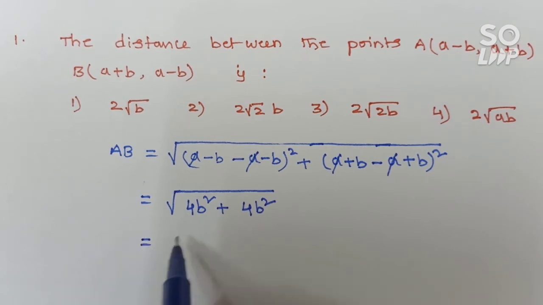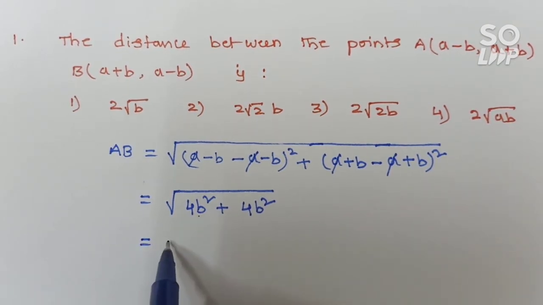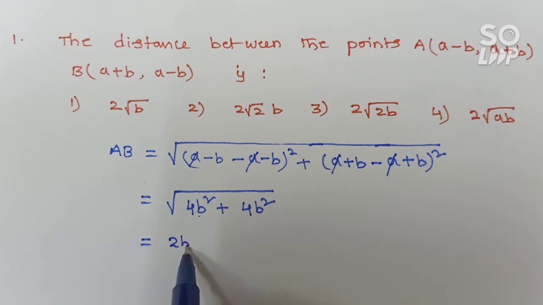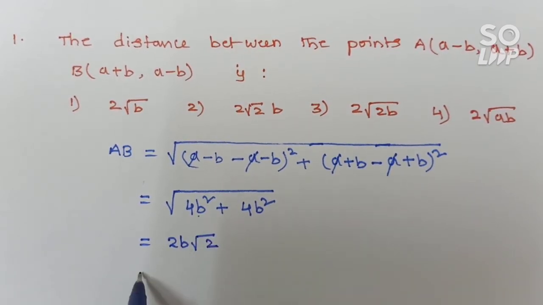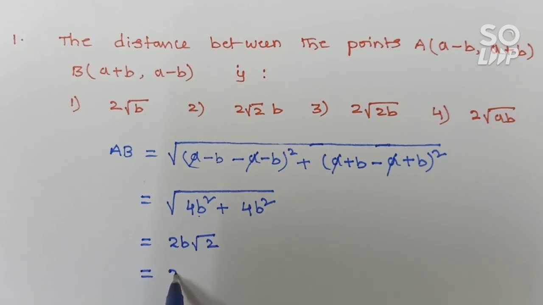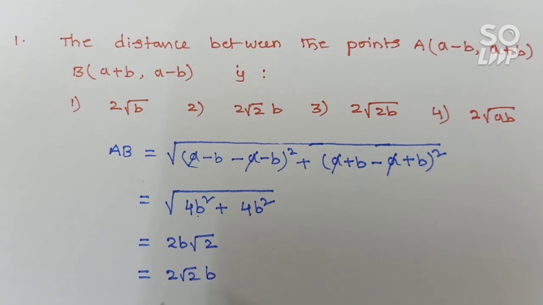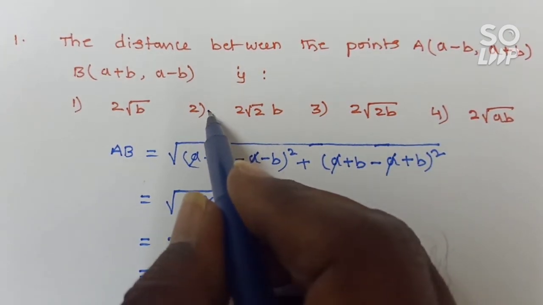Now take 4b square common, that becomes 2 into b, and this one is root 2. So your value will be nothing but 2 root 2 into b, which is the correct answer. So the second option is the correct answer.